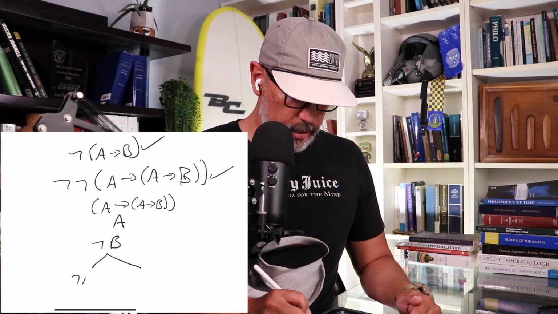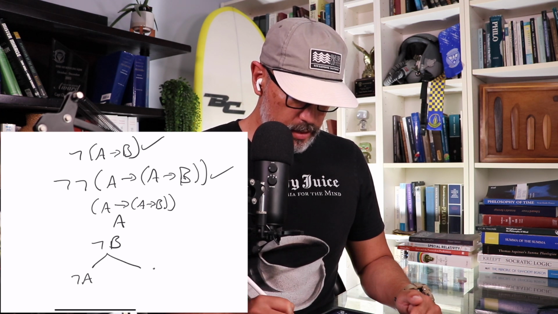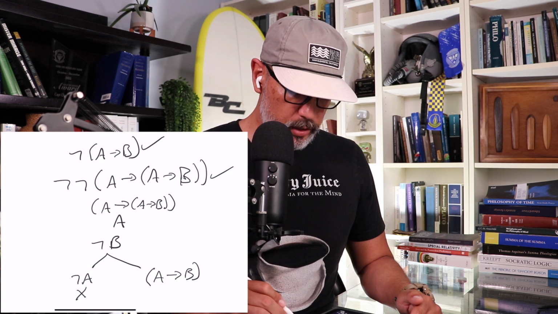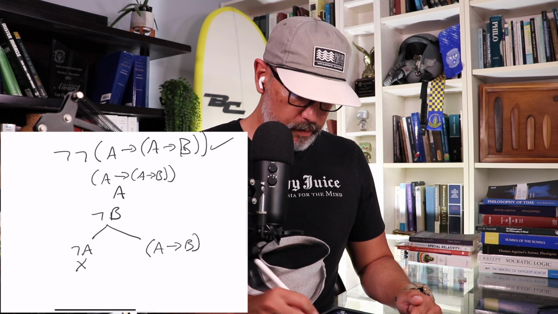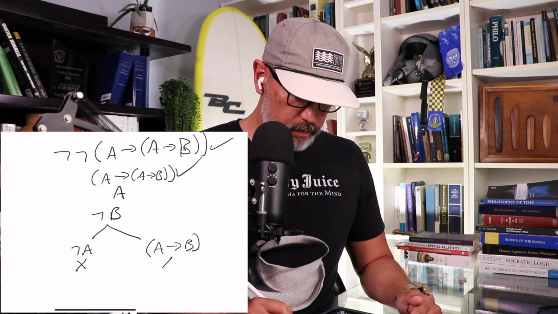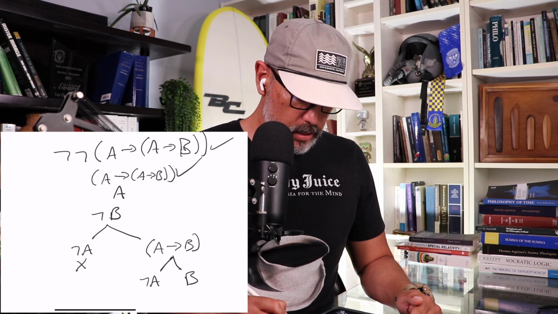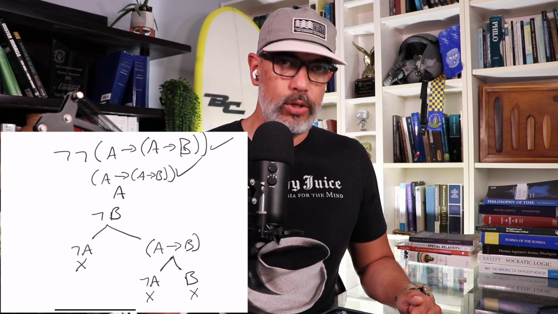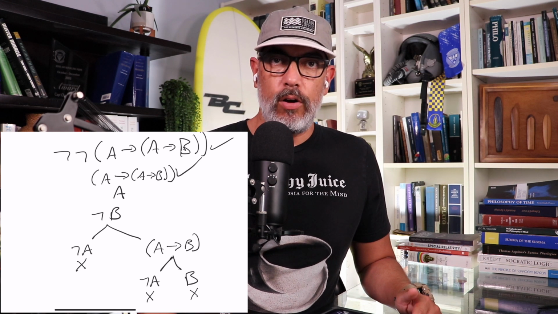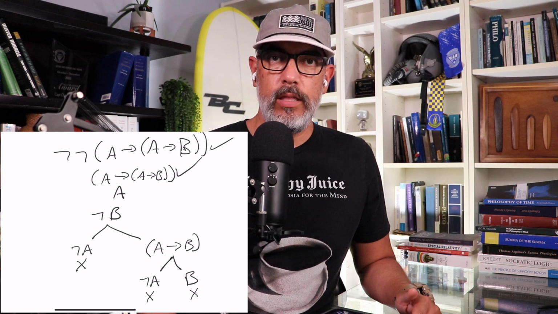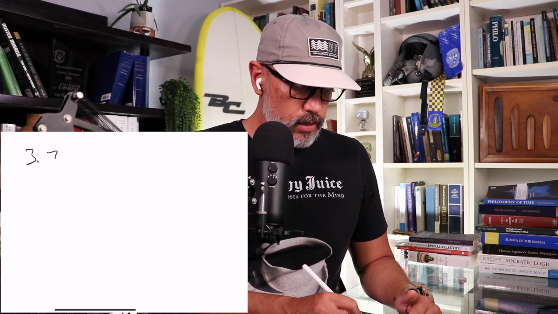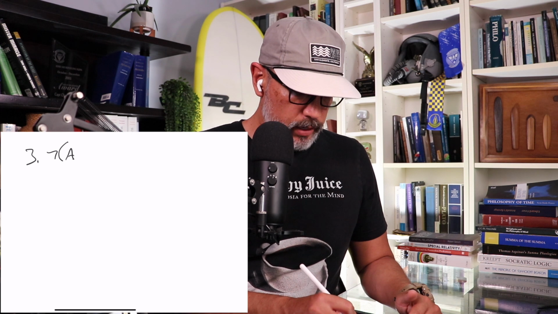We have not A and if A then B. This branch closes, and then we have, check that. Then we have this goes to not A and B. The A and the not A close that branch. The not B and the B close that branch. So the negations are also jointly unsatisfiable. These propositions are contradictory. Number 3, not A if and only if not B.